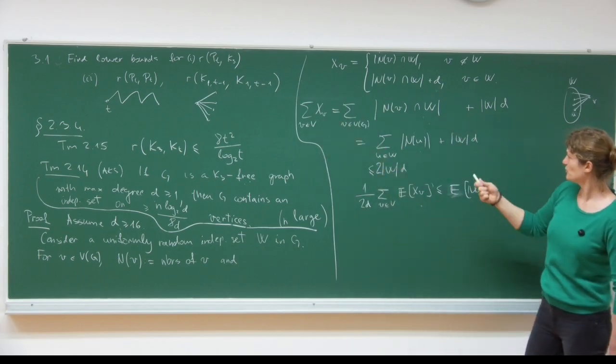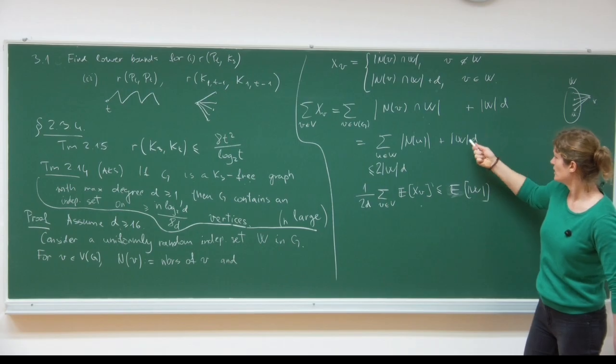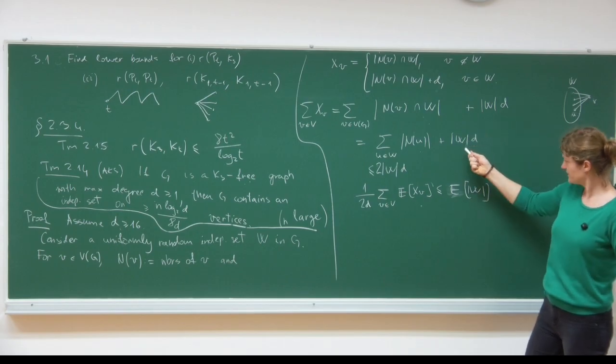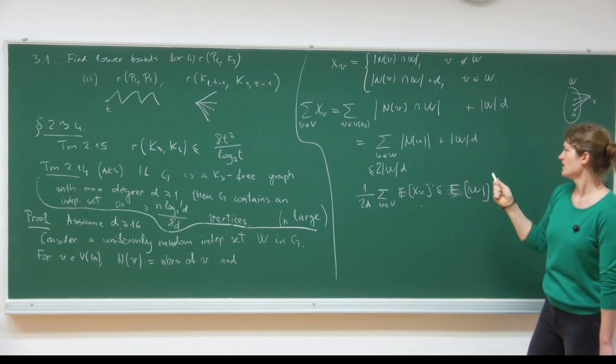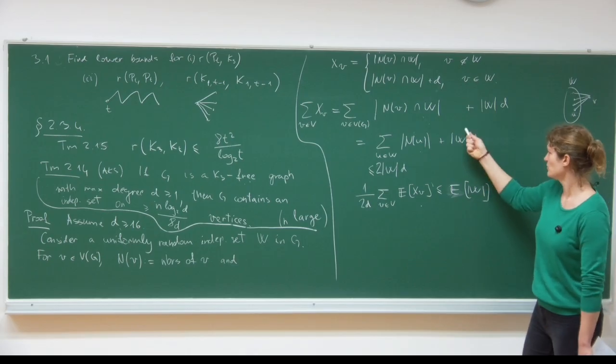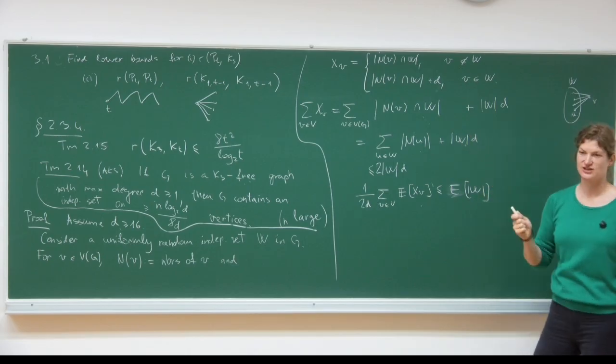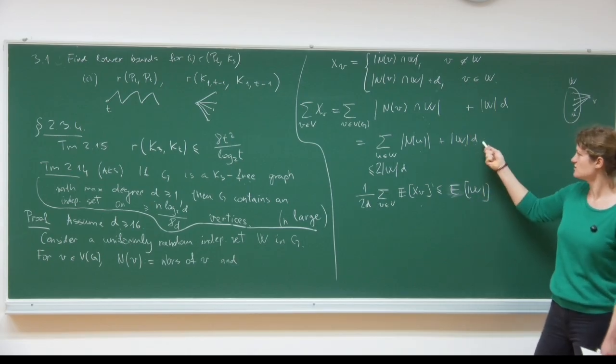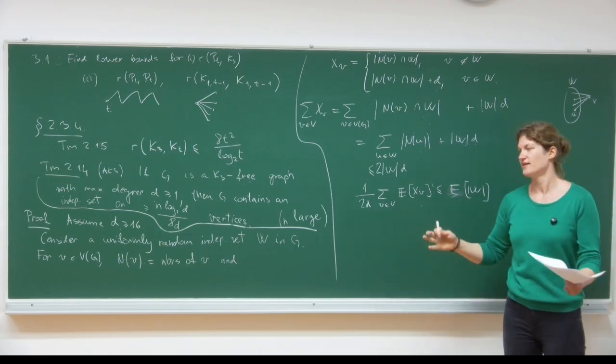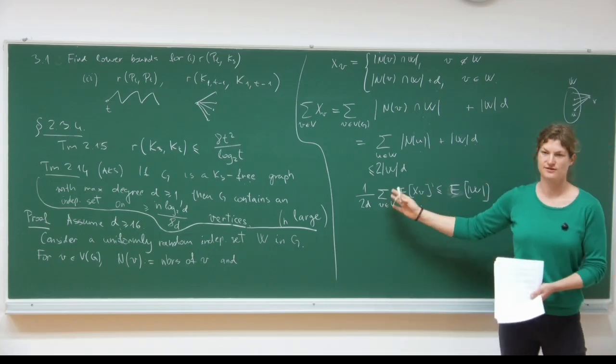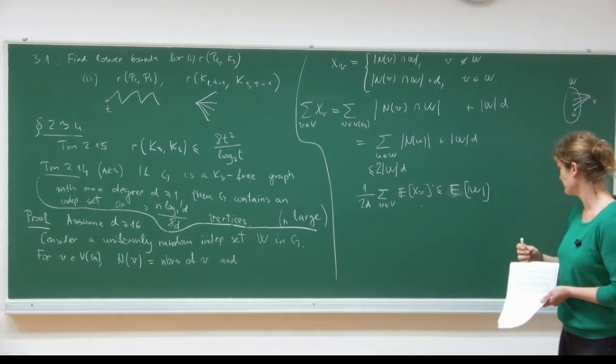So when we want to lower bound the size of W, then up to a constant, this term doesn't change anything. If I took something larger here, say D squared, then it would mess up the lower bound that we have in W.